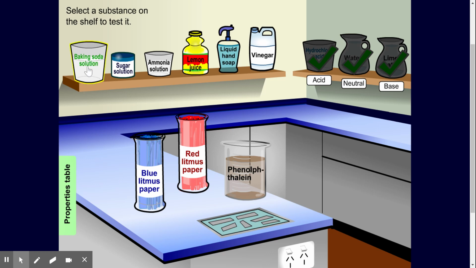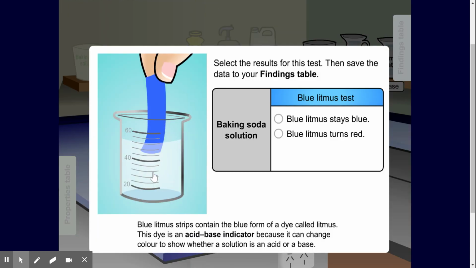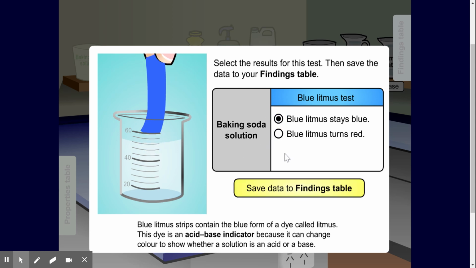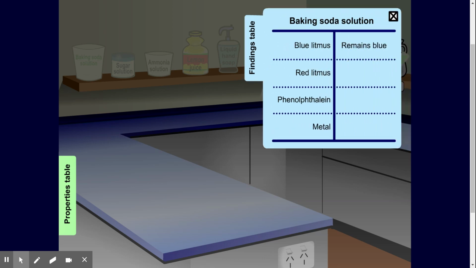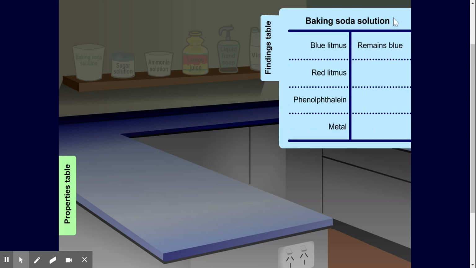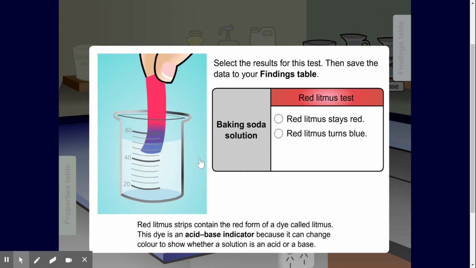So we'll start with the baking soda. We'll test it with blue litmus paper. We see that it stays blue. We can add that to our findings table. Next, we'll go to red litmus paper.